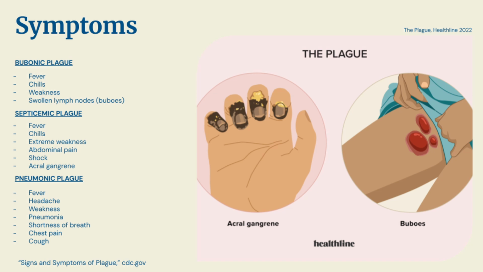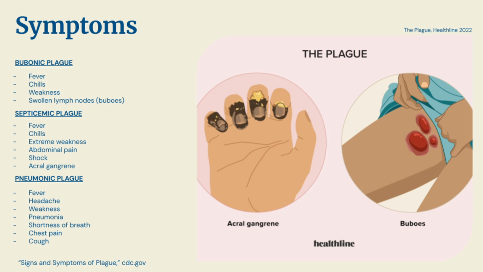And if left untreated, the bubonic plague can actually develop as the Yersinia pestis bacteria spreads into other parts of your body. So if it enters into your blood and starts infecting your blood, then it is called the septicemic plague. And its symptoms include fever, chills, extreme weakness, abdominal pain, shock, and acral gangrene.